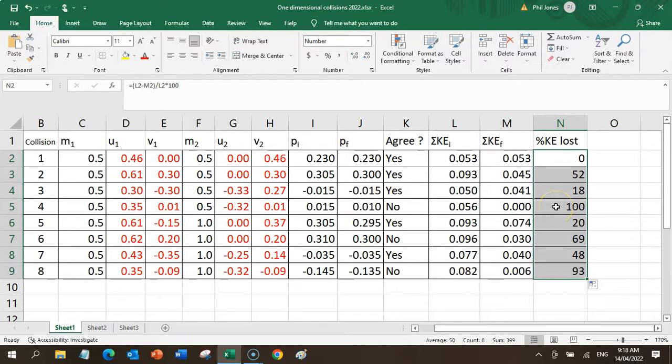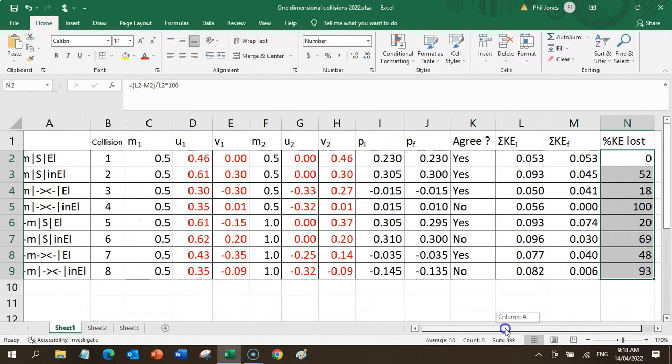Here we've got 100% of the kinetic energy lost. Here with this elastic collision, it's down to 20. And here with this inelastic collision, we've got 69%, as we can see, and this other one here, 93%.